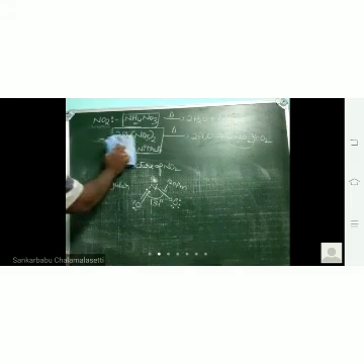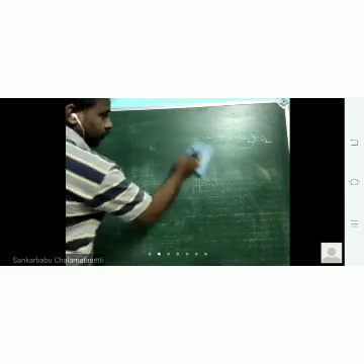Next, N2O4. It is called dinitrogen tetroxide.